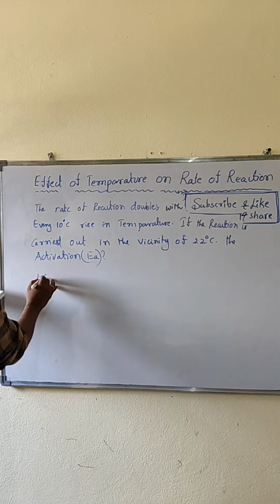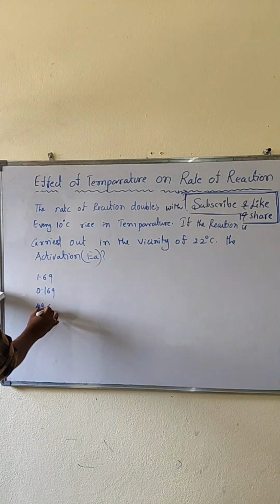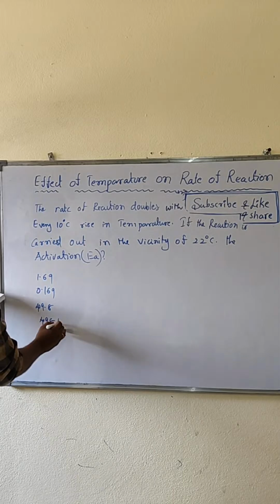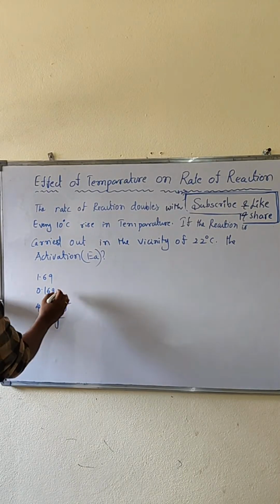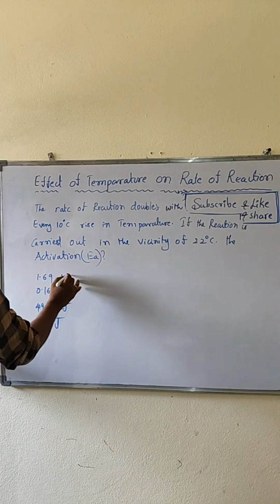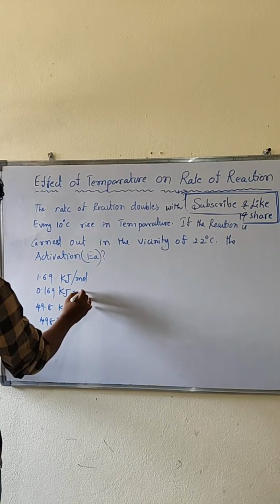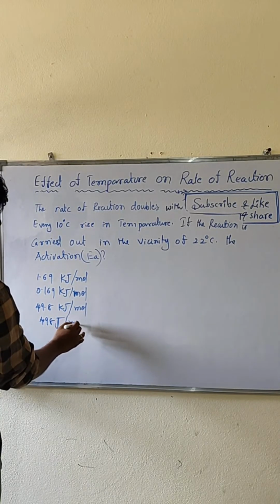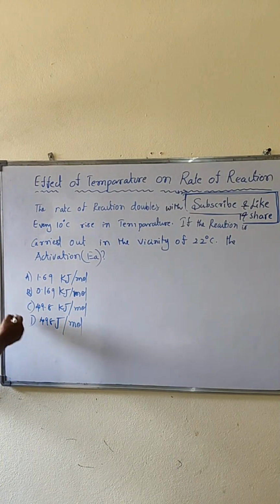Options are 1.69, 0.169, 49.8, and 498. A is in joules, B is in kilojoules, then all the above are in kilojoules per mole.